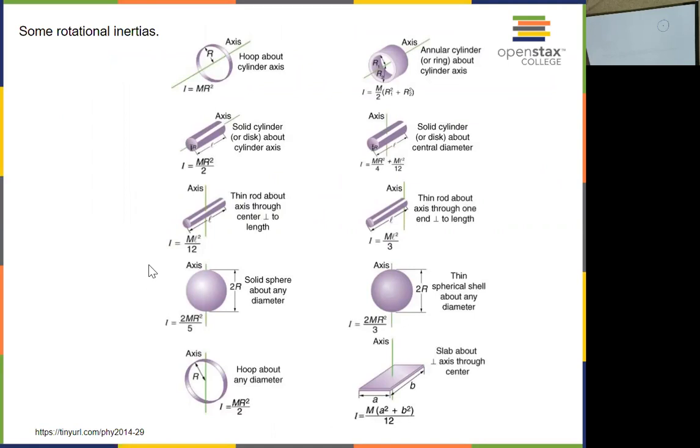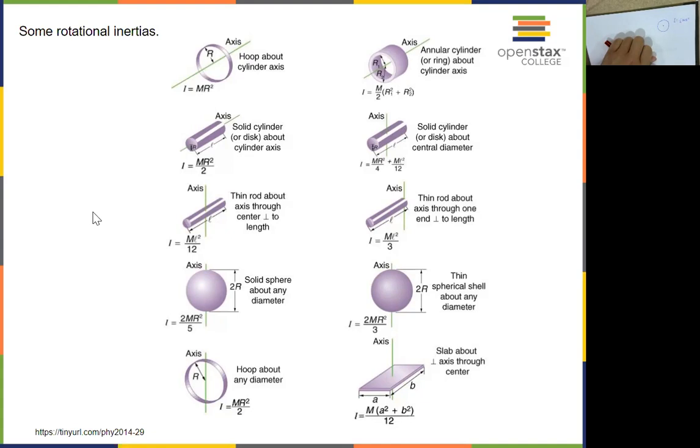With the axis of rotation going through the center over here, it's like a solid disk or solid cylinder, a cylinder or disk about its cylindrical axis. So it's going to be equal to 1/2 mr squared. So I is equal to 1/2 mr squared for this one.